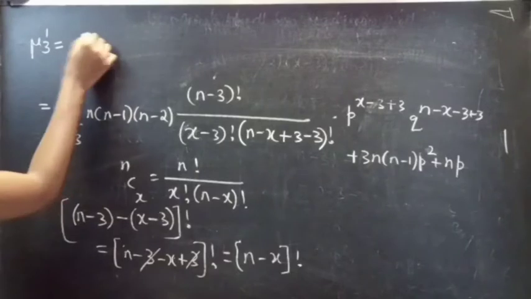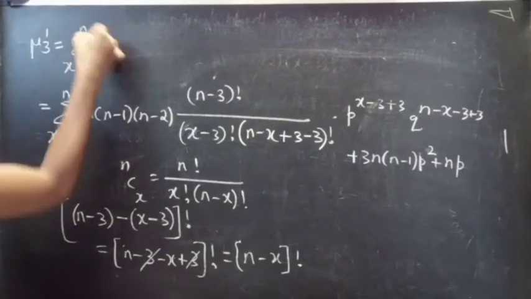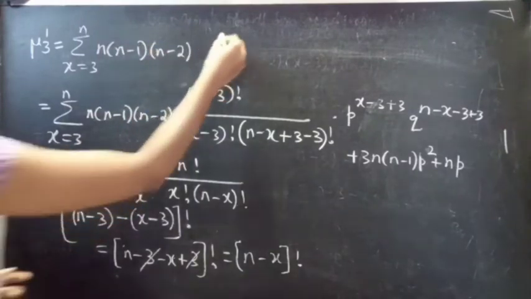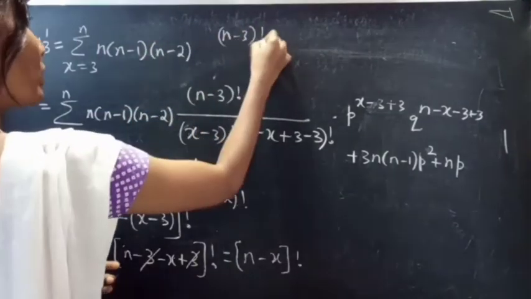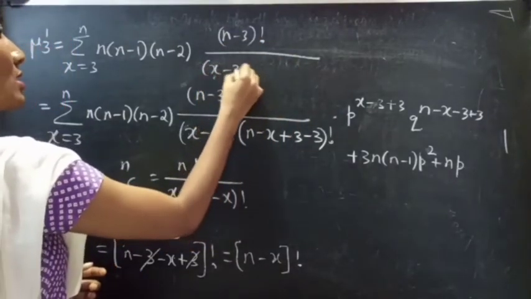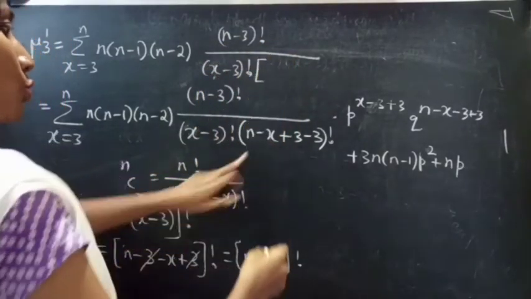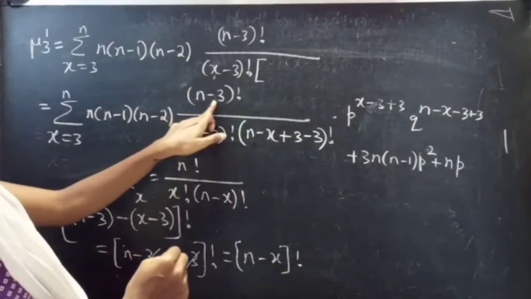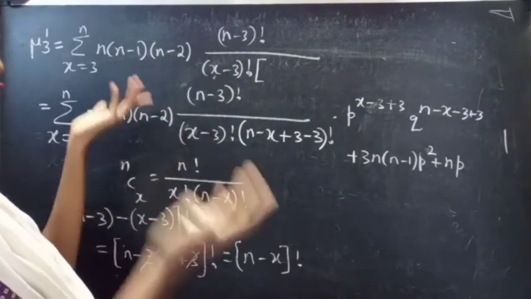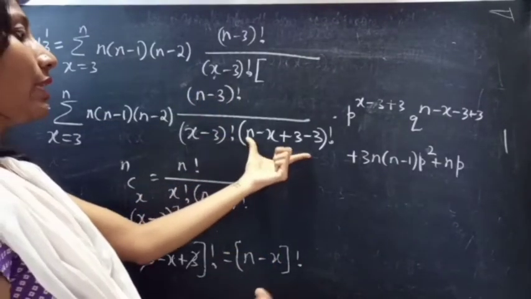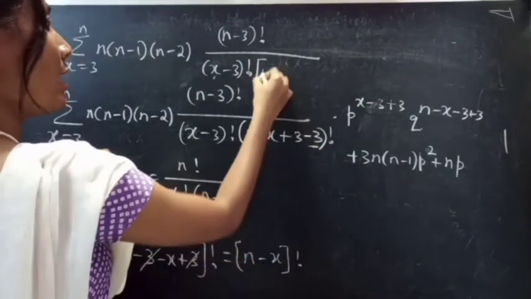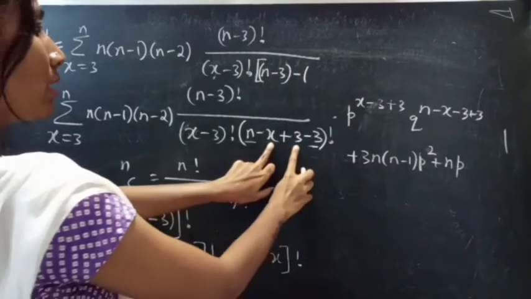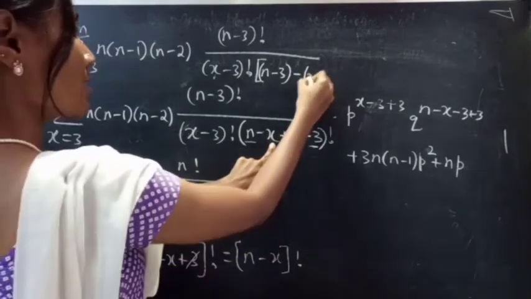So this is equals to summation x equals 3 to n, n into n minus 1 into n minus 2 into n minus 3 factorial by x minus 3 factorial into, so you could write it as, see as I told, you have to write n in terms of n minus 3 and x in terms of x minus 3. So you can write n minus 3 minus of, now take minus common from these two terms, you'll get x minus 3.